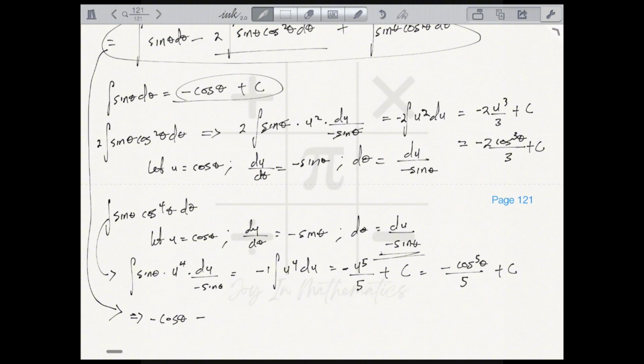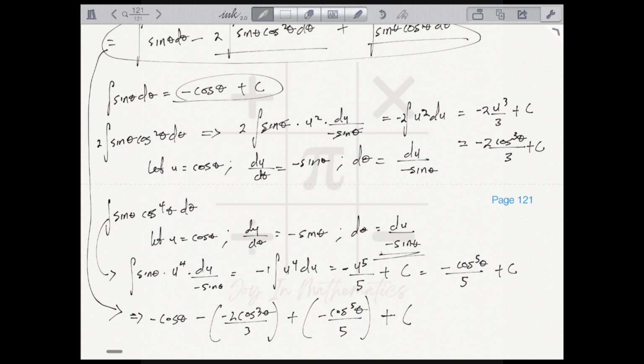Integrating 2 sin theta cos square theta will give us minus 2 cos cubed theta over 3, and integrating sin theta cos raised to power 4 theta, we will have minus cos raised to power 5 theta divided by 5, and overall we have a single constant of integration plus c.